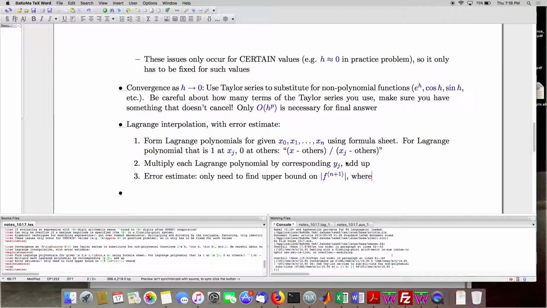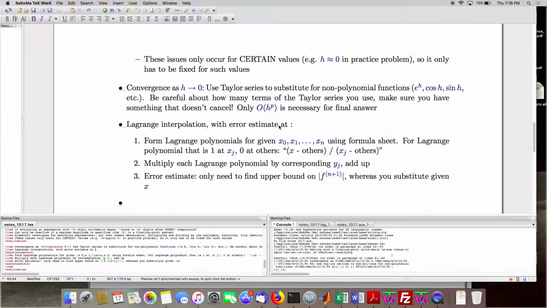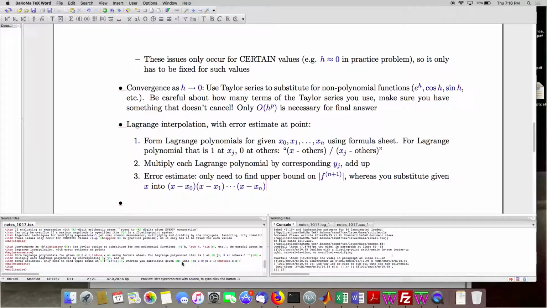Then you substitute a given value of x, because I'm only estimating the error at a point, into the other part of the error formula, x minus x0, x minus x1, up to x minus xn. So at least that part of it is easier.